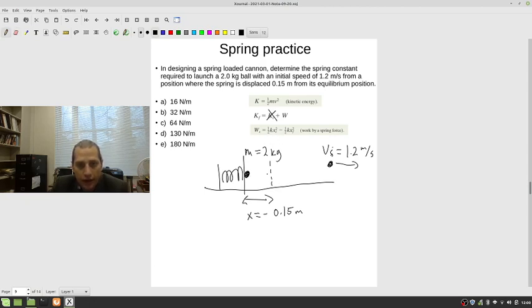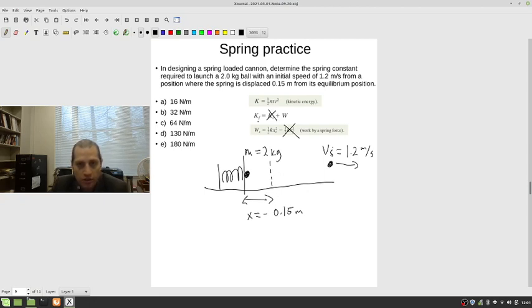Now, we are assuming that the final x, when it gets launched, is going to be x equals 0. So we can forget about that term. And the initial term is this 1/2 k x initial squared. This is the amount of energy that it's going to transfer over into the ball.